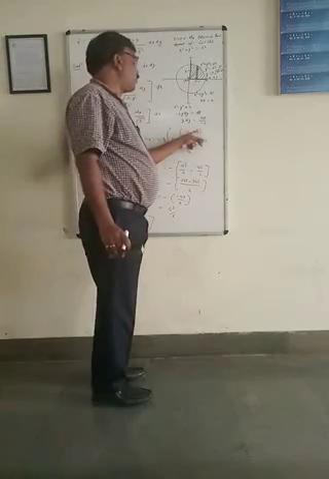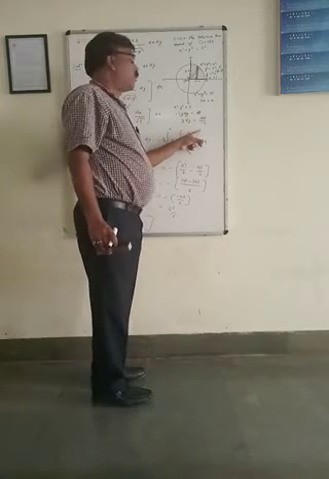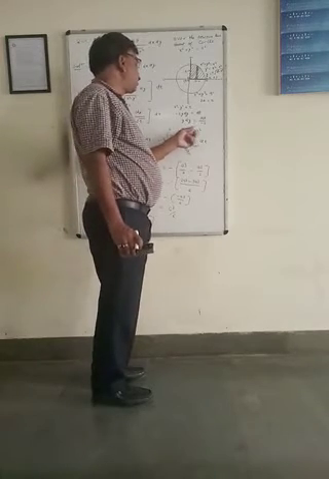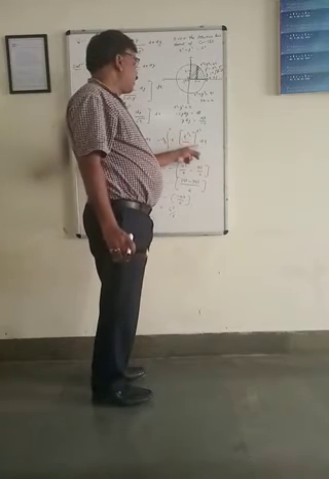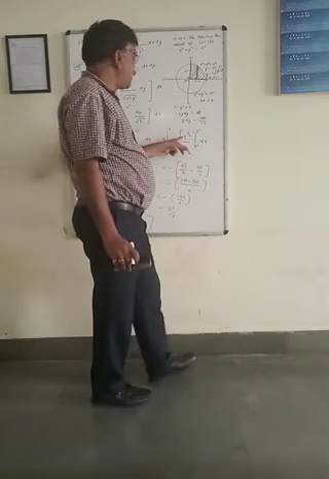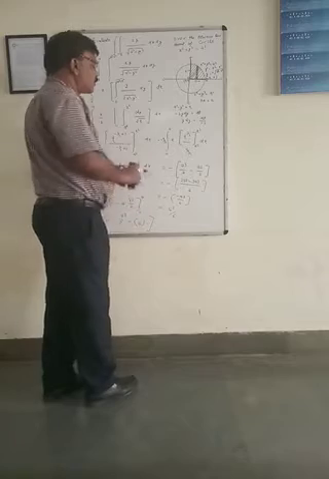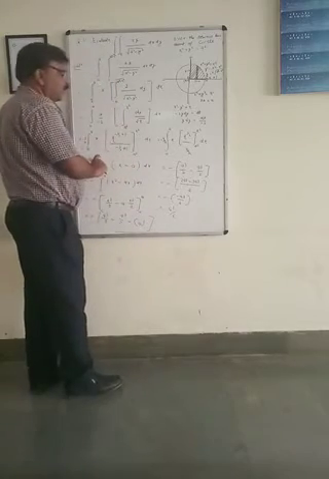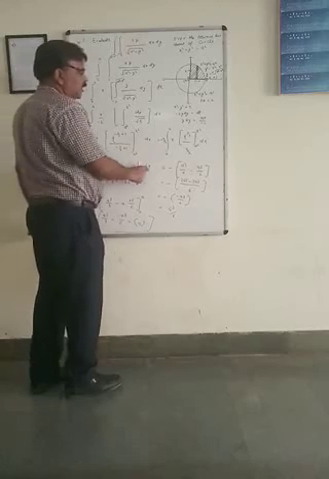First of all we have to replace t by the upper limit x square. So x square put at the place of t gives x. When a square is substituted at the place of t, it gives only a. So the remaining function is minus integral 0 to a of x minus a dx.